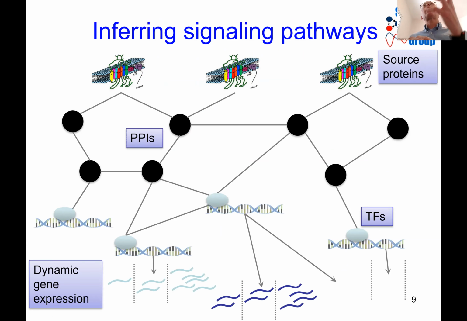So if we have information on which proteins in the virus interact with which host proteins, and we combine that with information on which host proteins interact with which other host proteins, and then with gene expression coming from infection studies on humans and on mice, we hope to infer the pathways that the viral infection hijacks in order to replicate inside host cells.